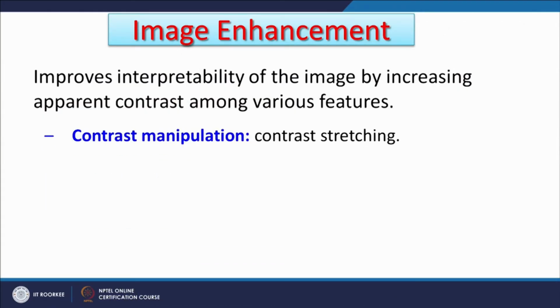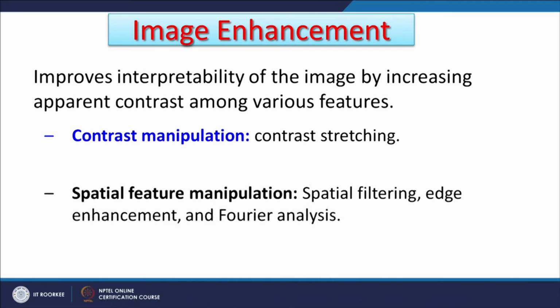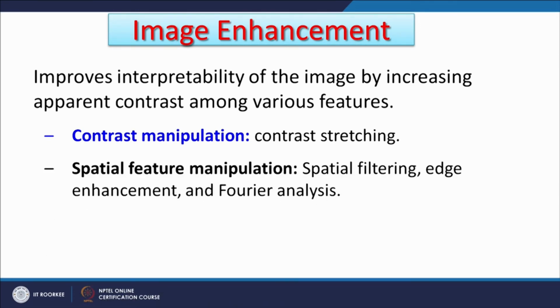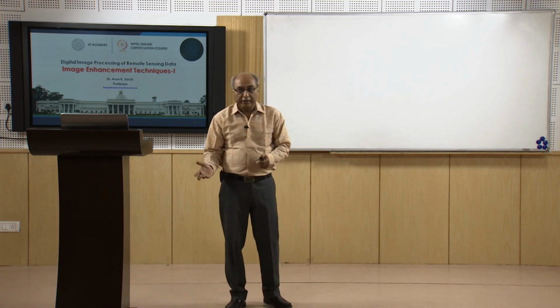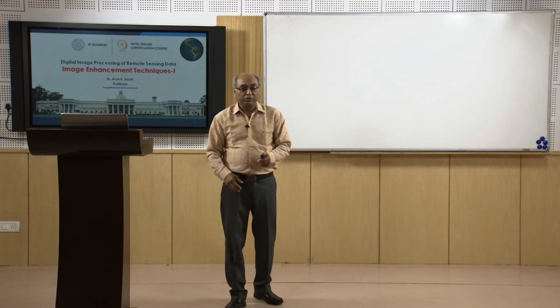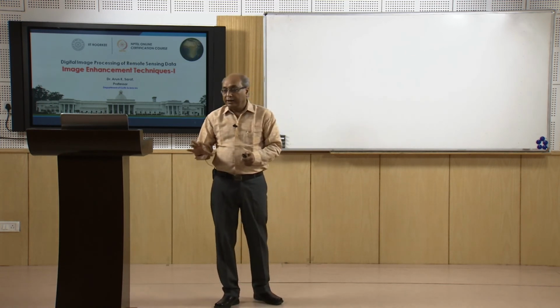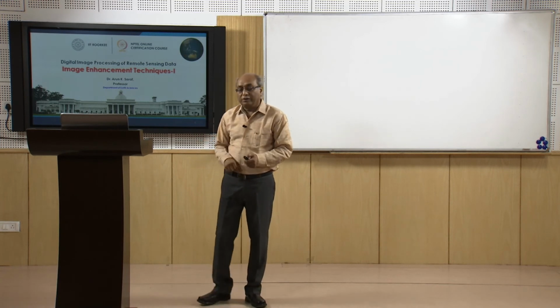Contrast manipulations, which we put as contrast stretching and contrast enhancement; spatial feature manipulations, which is spatial filtering, edge enhancement, and Fourier analysis, which is not in the spatial domain but in the frequency domain. But we do the inverse transformation, so we put them in this category, spatial feature manipulation.